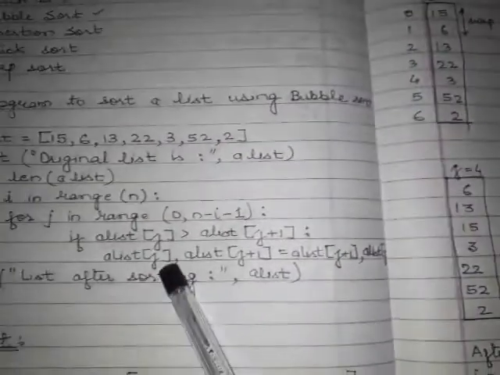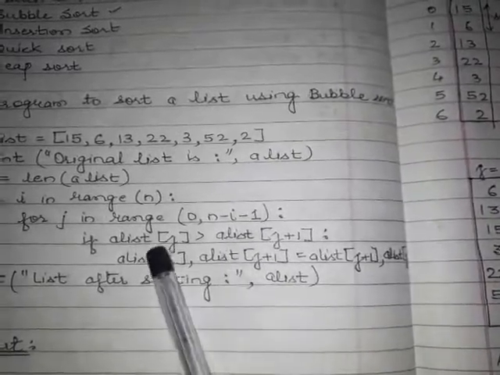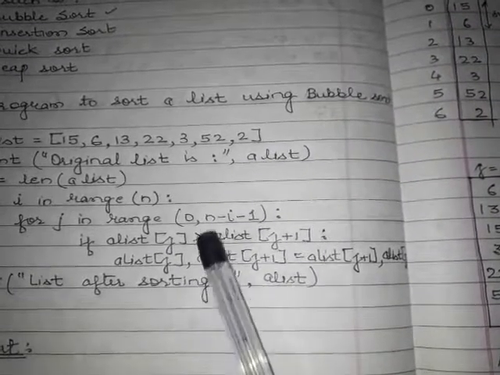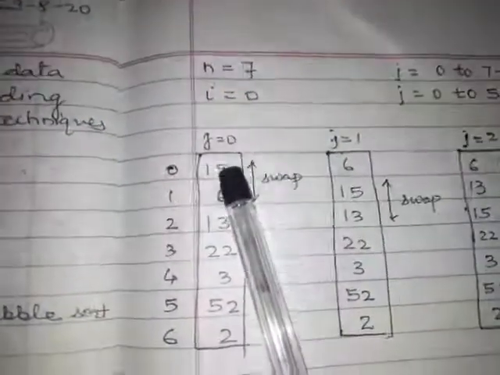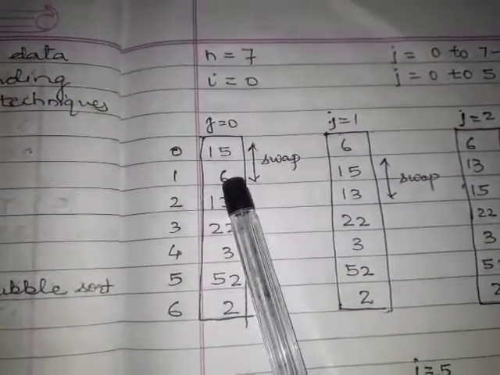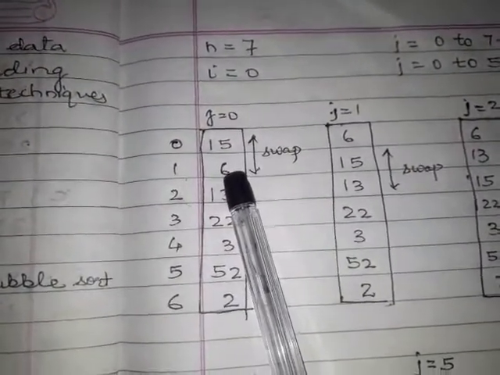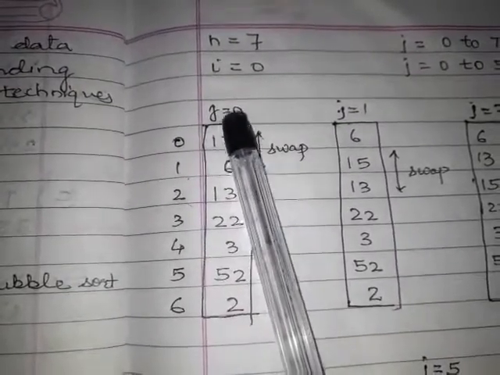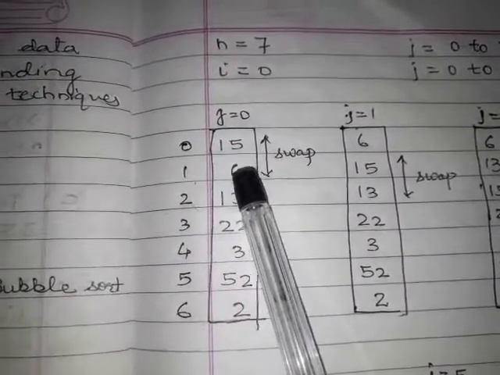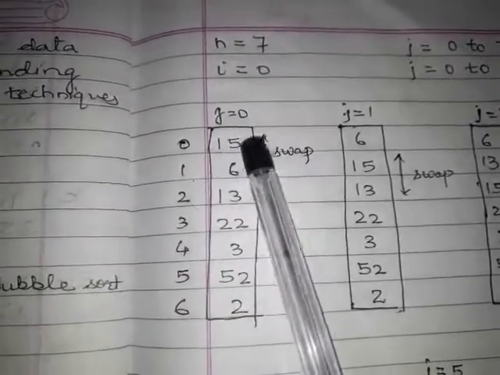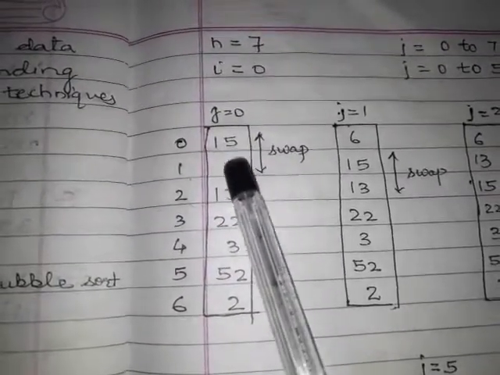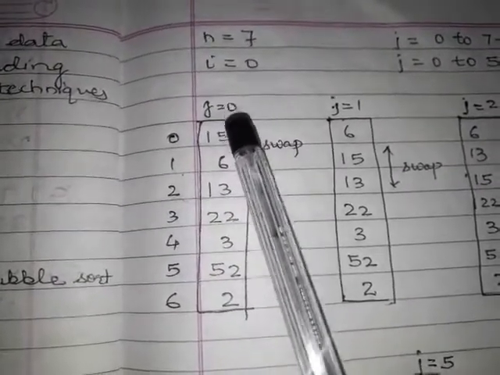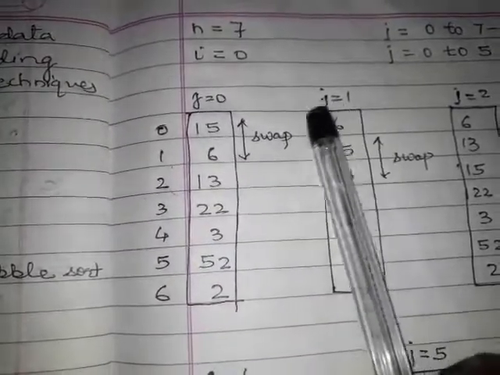Swap means you have to perform this action. If this condition is true, meaning the lower index element is greater than the next larger index element, then swap the values. Swap means 6 will be replaced by 15 and 15 will be replaced by 6. Here it is.